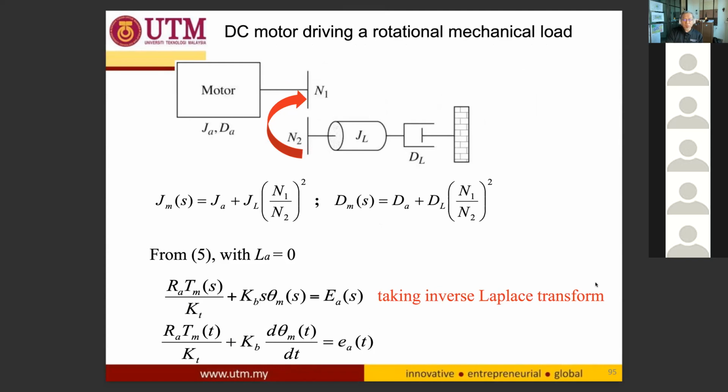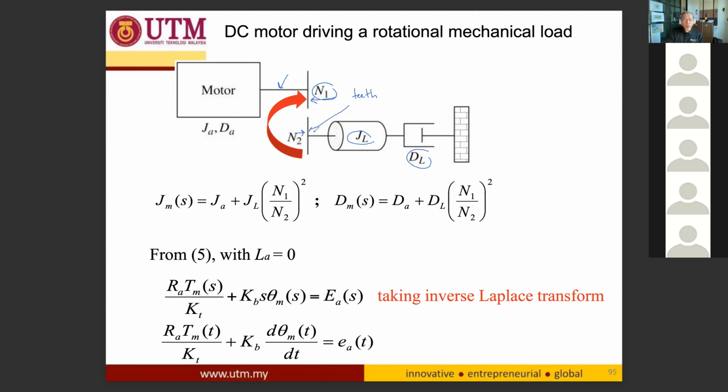When we have a rotational mechanical load, which is shown here, this is the shaft, this is the disc with gear, and this is the disc with gear as well. The load has an inertia JL and viscosity damper DL. N1 is the number of teeth of gear 1, and this one is the number of teeth for gear 2.